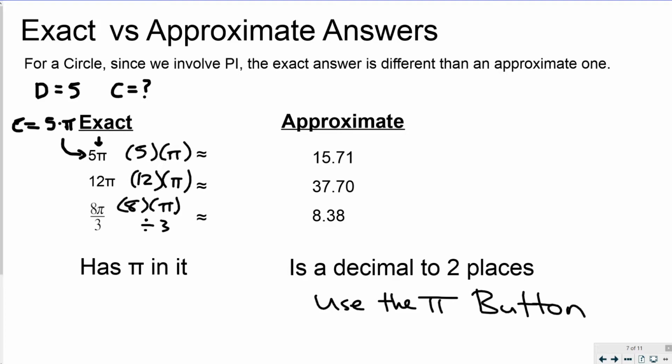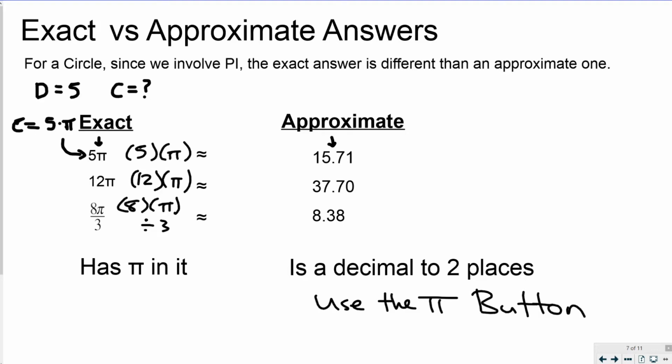And the approximate answer, we're going to round to 2 decimal places, and these are equivalent to each other. So 5 pi is approximately 15.71. Do not write 15.71 pi. That's not correct. 5 pi is the correct exact answer, but the correct approximate answer is 15.71.